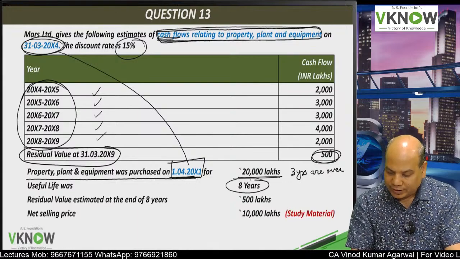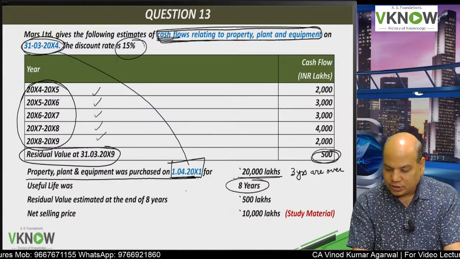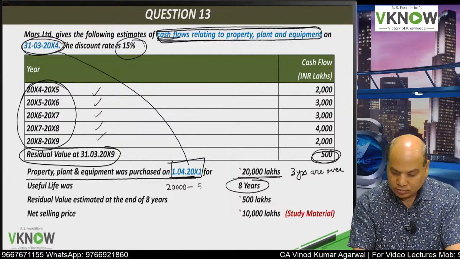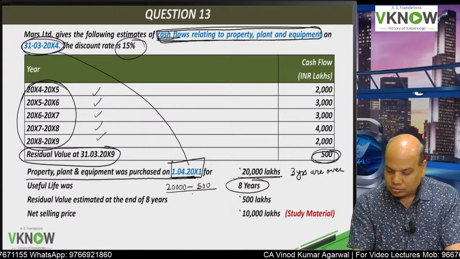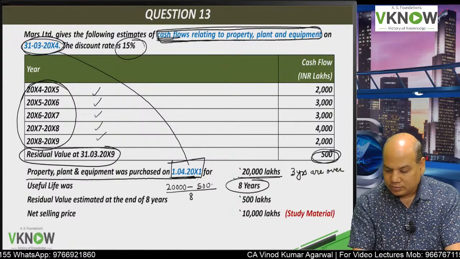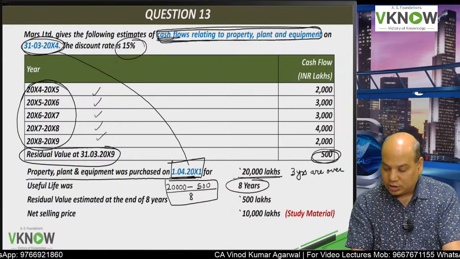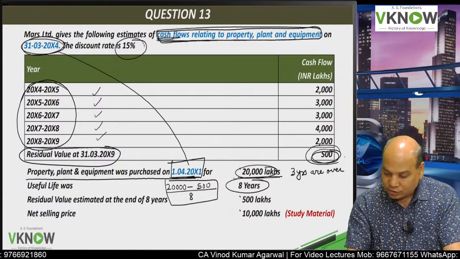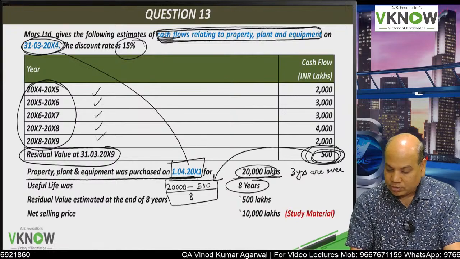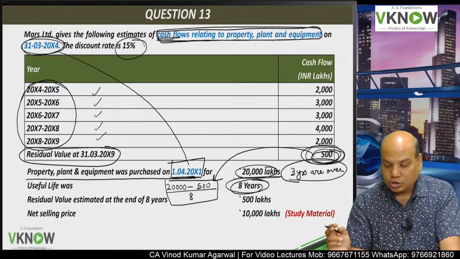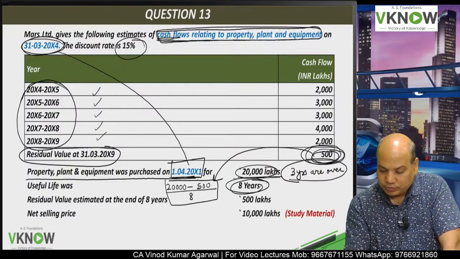Useful life is 8 years. So depreciation will be 20,000 minus residual value divided by 8. So this will be my annual depreciation. 20,000 minus residual value 500 divided by 8 multiplied by 3 will give me accumulated depreciation.